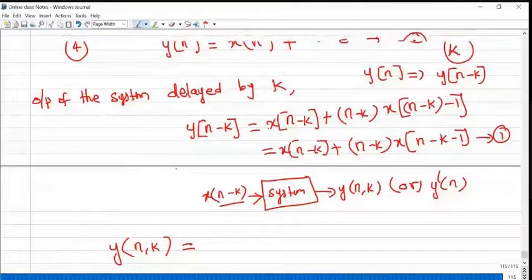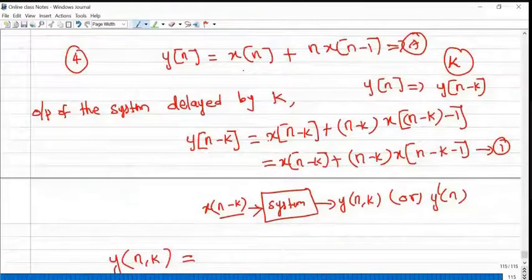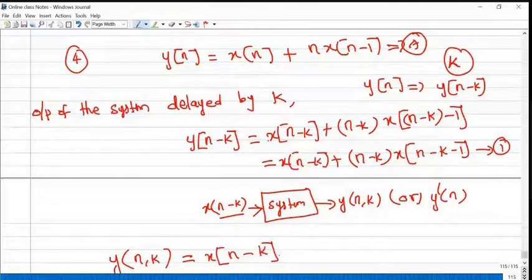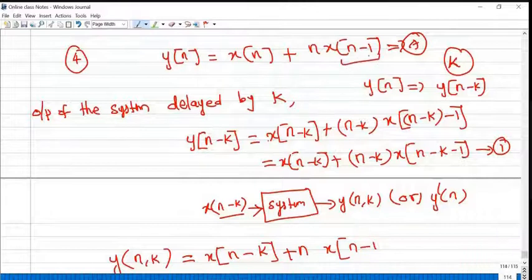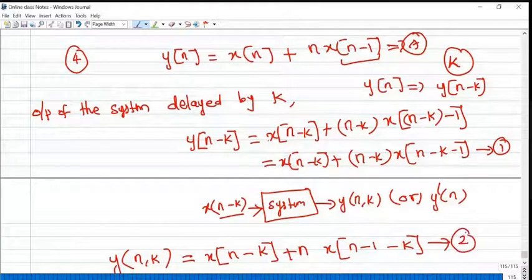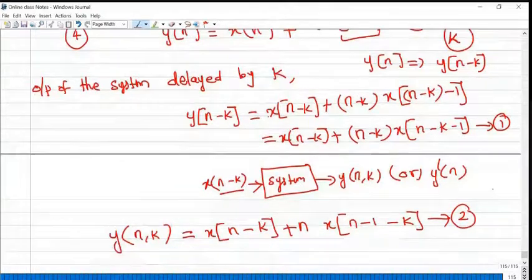So in the given expression, wherever the x of n term is there, that x of n function is delayed by k amount of time, plus n times the x of n function. After that, you put minus k. So this is equation number 2.